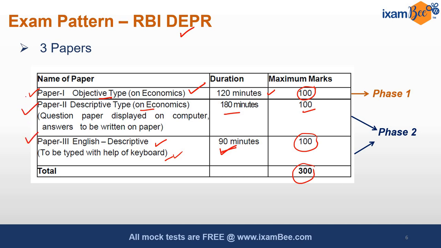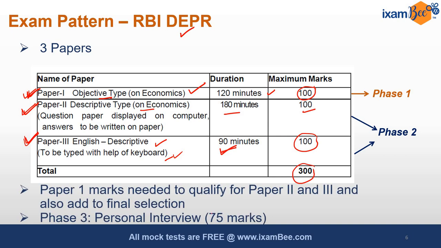It's not like paper 1 is qualifying in nature, unlike most of the other examinations. Paper 1, paper 2 and paper 3 are all equally important and have equal weightage in the final score. Then the third phase is your personal interview, which carries 75 marks.